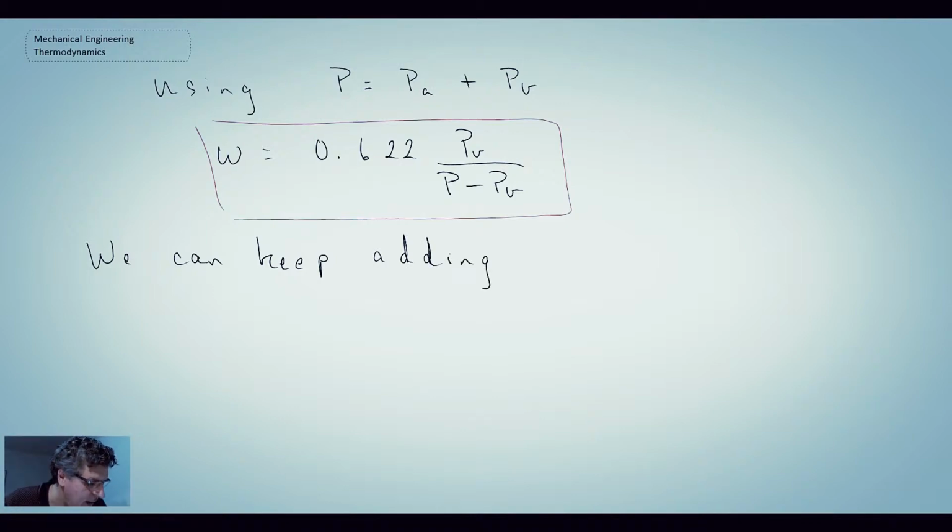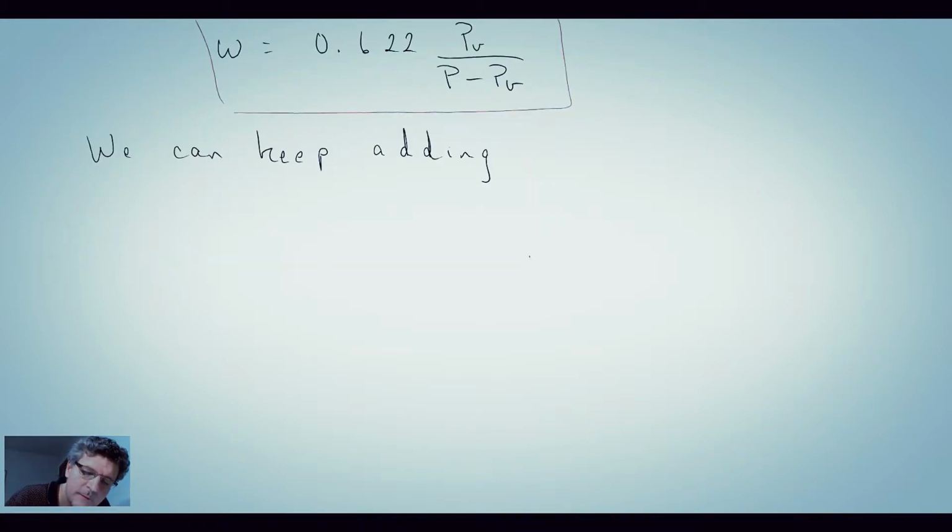However, what we want to do is look at the bounds by how much water, or water vapor, we can actually add, until we get to what we would call a saturation point. So we can keep adding water.